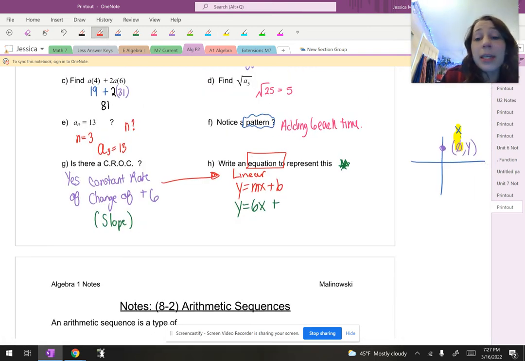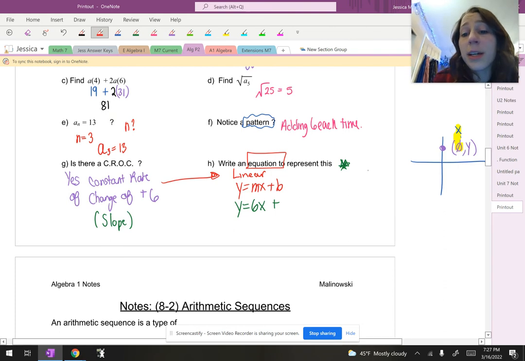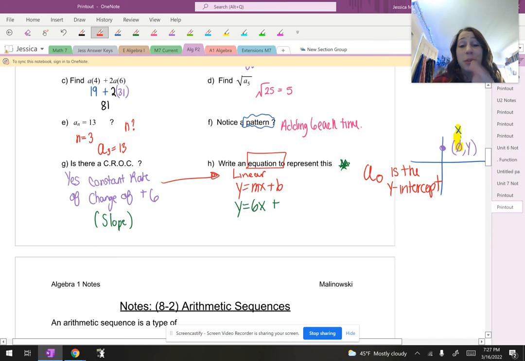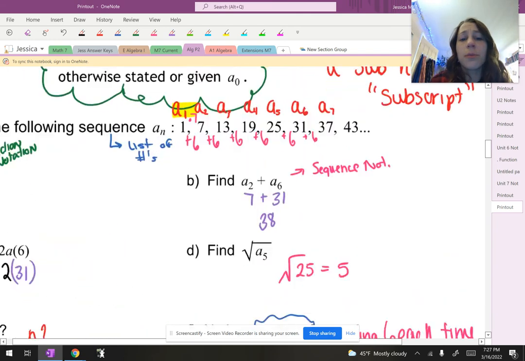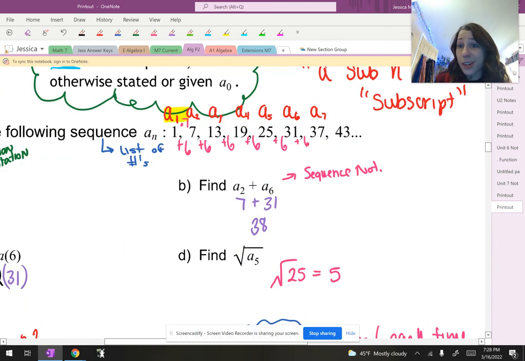Therefore, that means, very, very important piece here, that a sub 0 is the y-intercept. So whenever you're making an equation, you can't use a sub 1, you have to use a sub 0. Well, I don't have a sub 0. Okay, but we know the pattern, right? If I start with a sub 1, I need to add 6 to get to the next one. We already determined that.